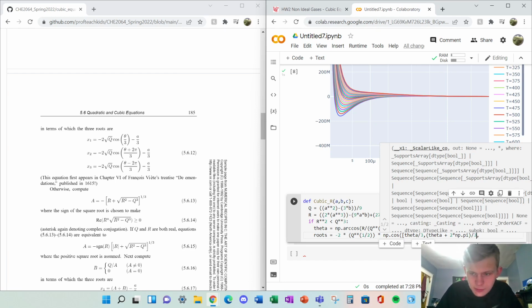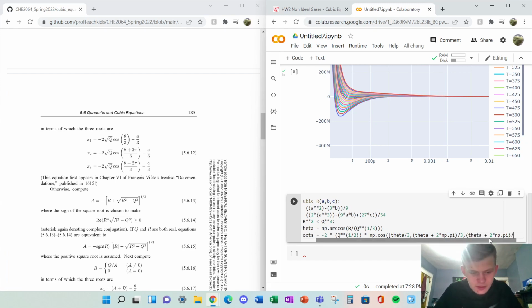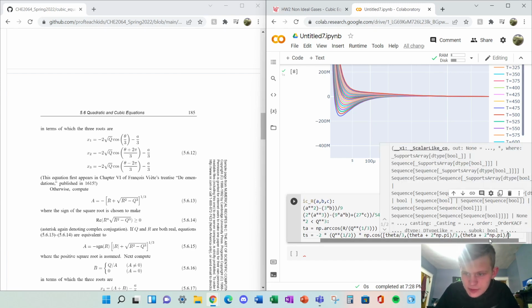Before we go any further, we want to have that divided by 3, and then since our x2 and our x3 have very similar values to it, we're just going to copy and paste this little tidbit over to the other side. Have that divided by 3. And then we'll change that.